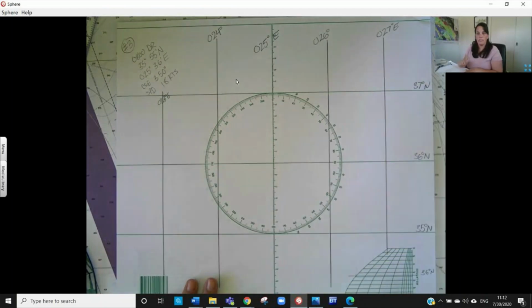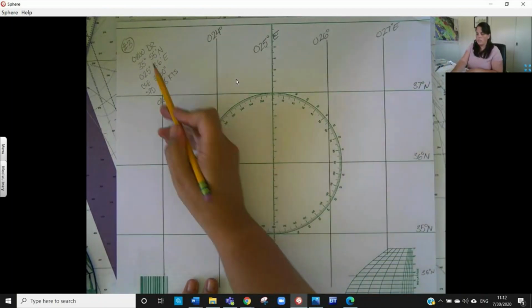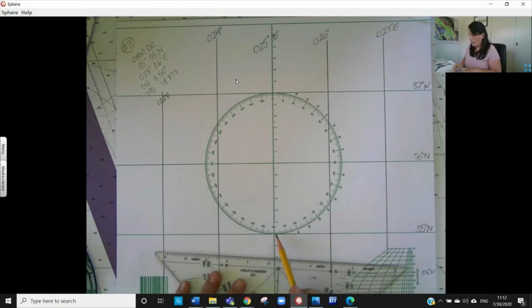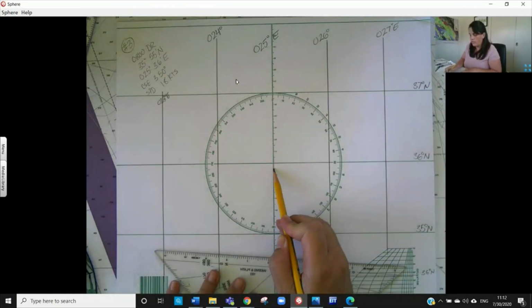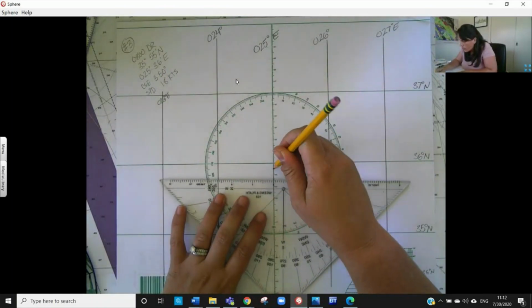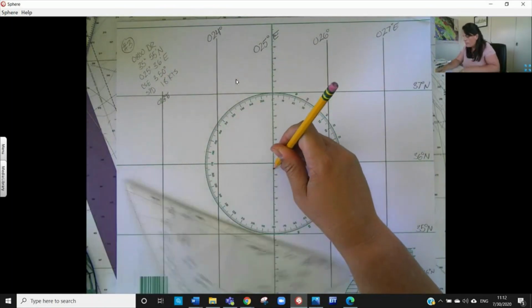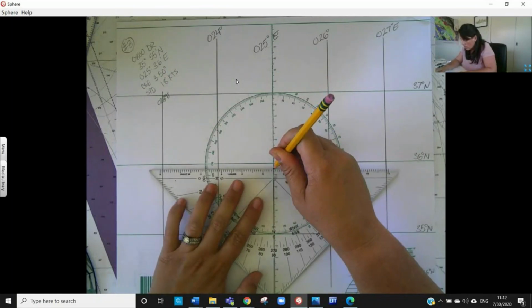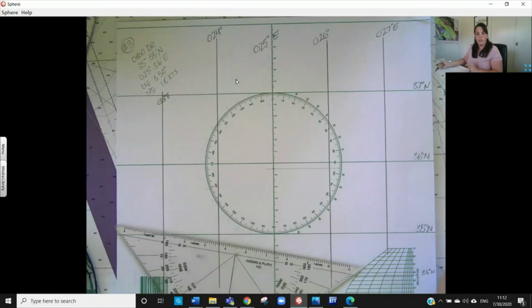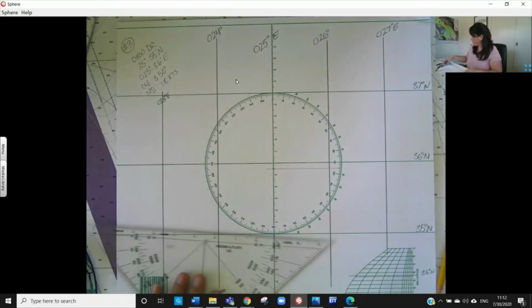Now we can plot our position. Here's our DR. We are at 35, 55 degrees north. So I'm somewhere along that latitude line.